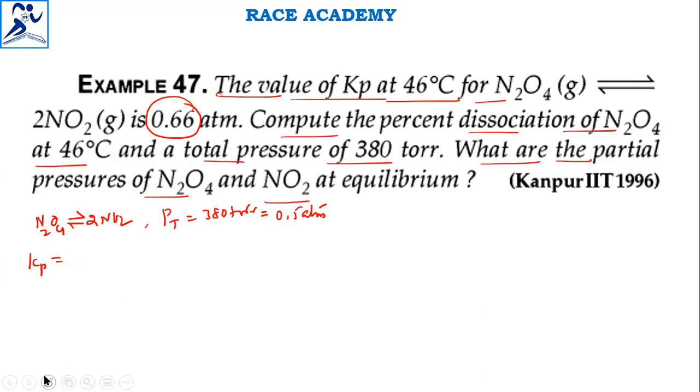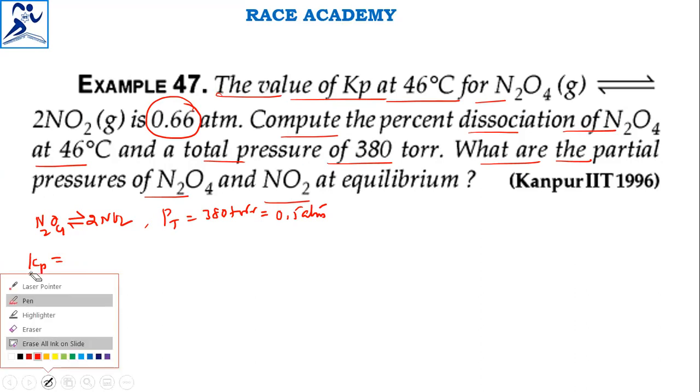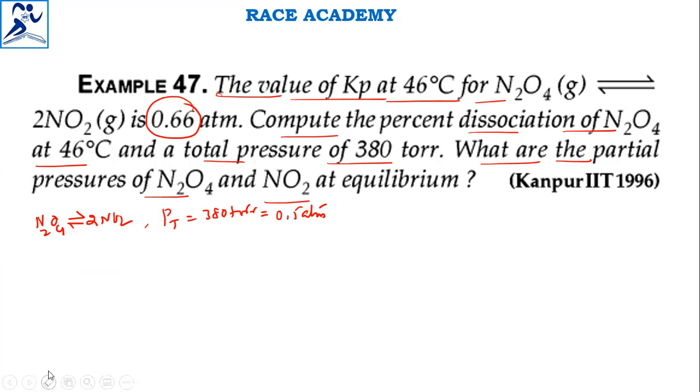Now at this juncture, we will assume some symbols. The partial pressure of nitrogen dioxide is P. The total pressure is 0.5.